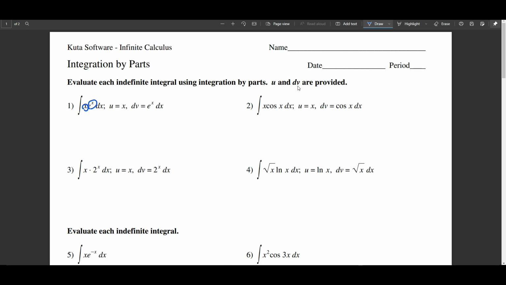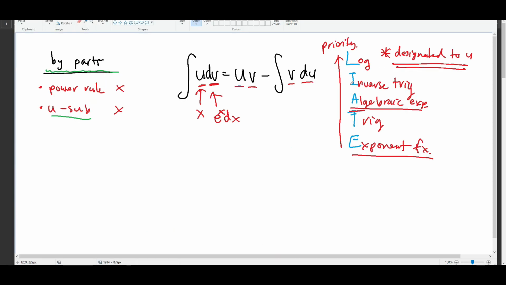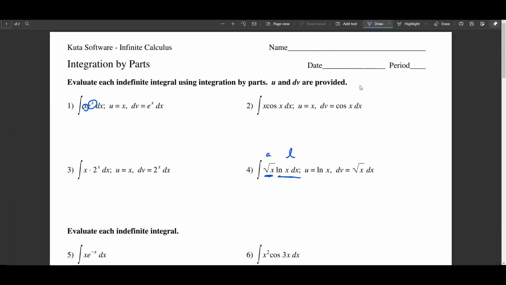Okay, so for the purpose of getting used to this, let's go over some of the other questions and then designate our u and dv. If you look at this question over here, we got the radical x and we got the ln x dx. This is an algebraic expression and this is a log expression. L is prioritized at the top here. So that's going to be given the u as they did over here.